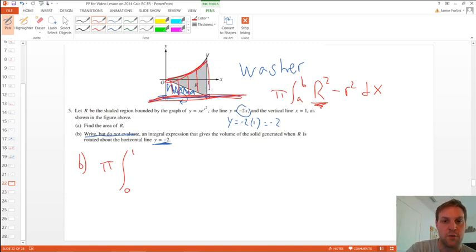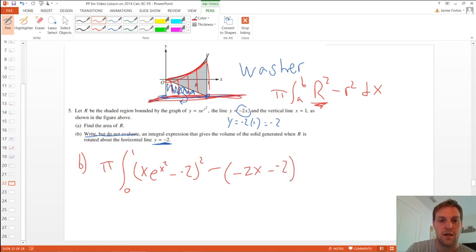So that radius is equivalent to the function, which is x e to the x squared, minus my line of revolution, so minus -2, quantity squared. So that's my bigger radius squared, subtract my smaller radius squared, which was that -2x, and then minus -2 again, the line of revolution, quantity squared.